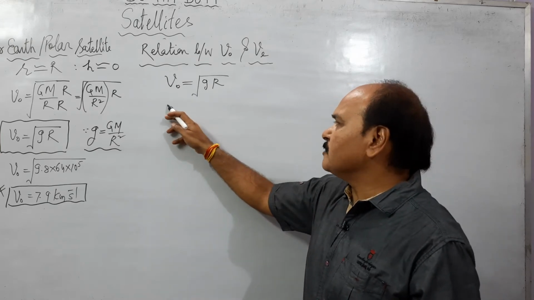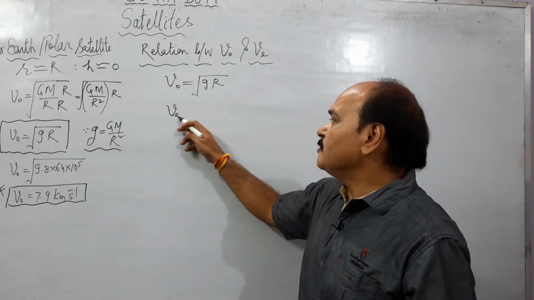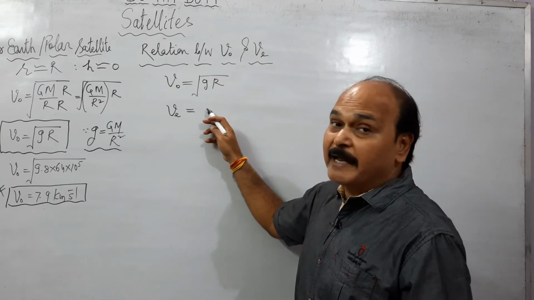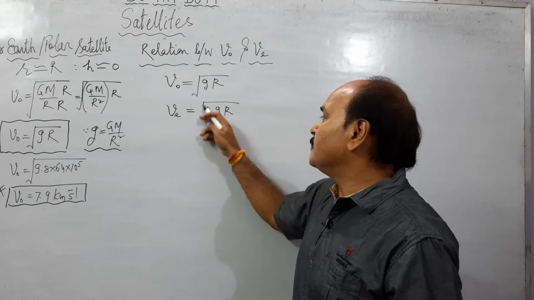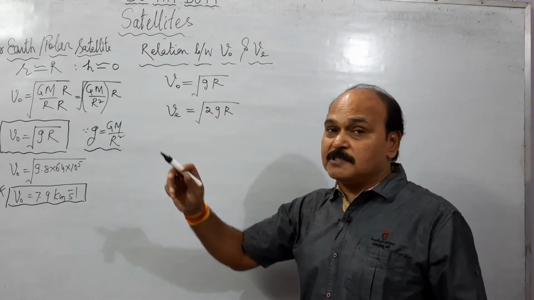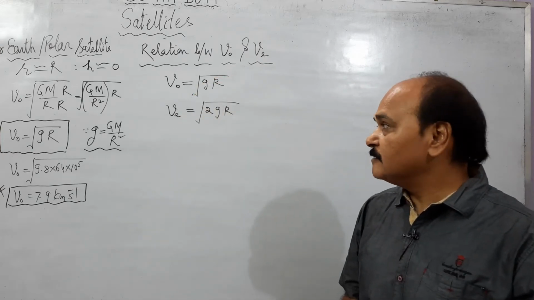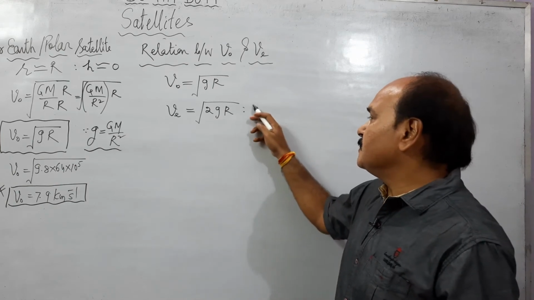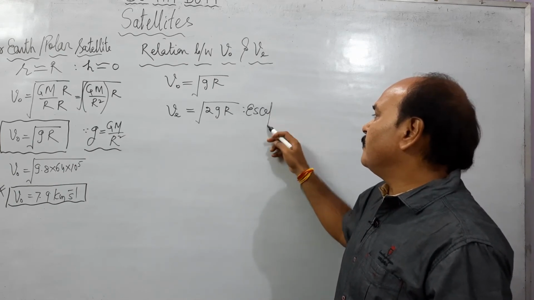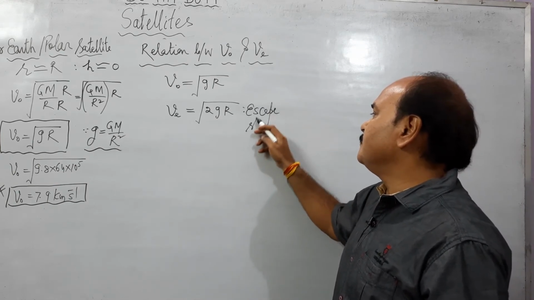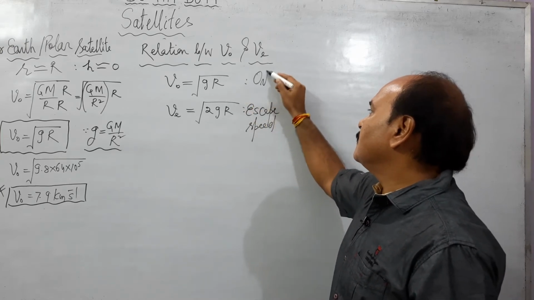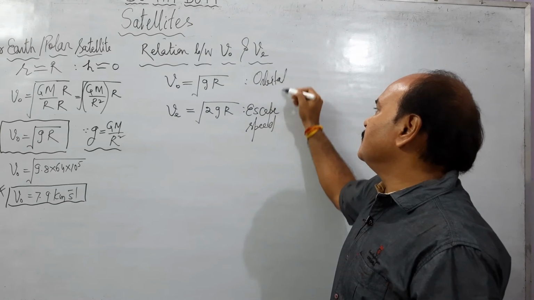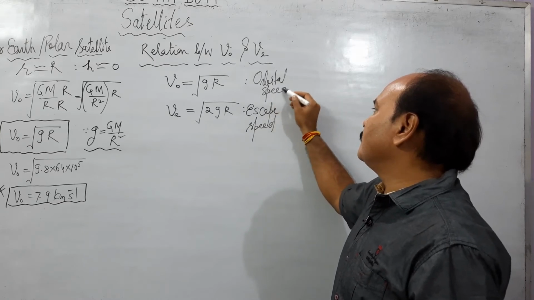And what is escape velocity? Escape velocity of an object over a planet is root 2gR, where g is acceleration due to gravity over the surface of planet. This is escape velocity or speed, which we have already studied. This is orbital speed, which we have studied right today.